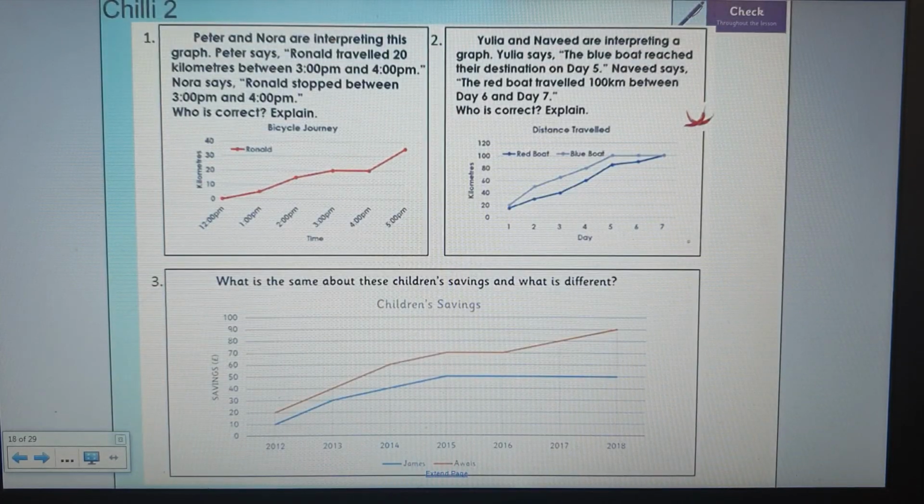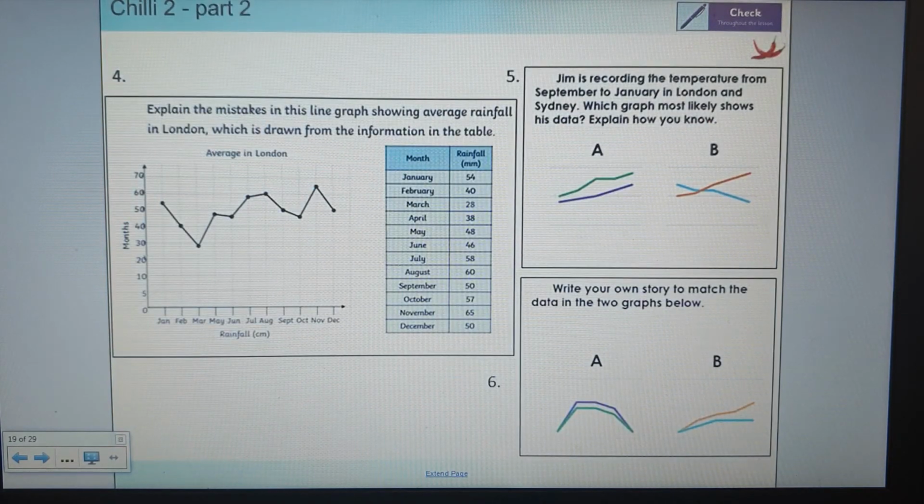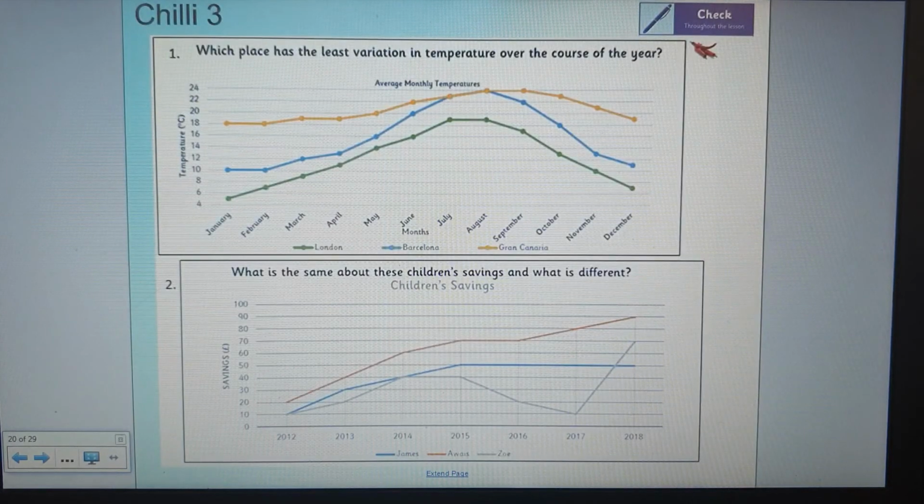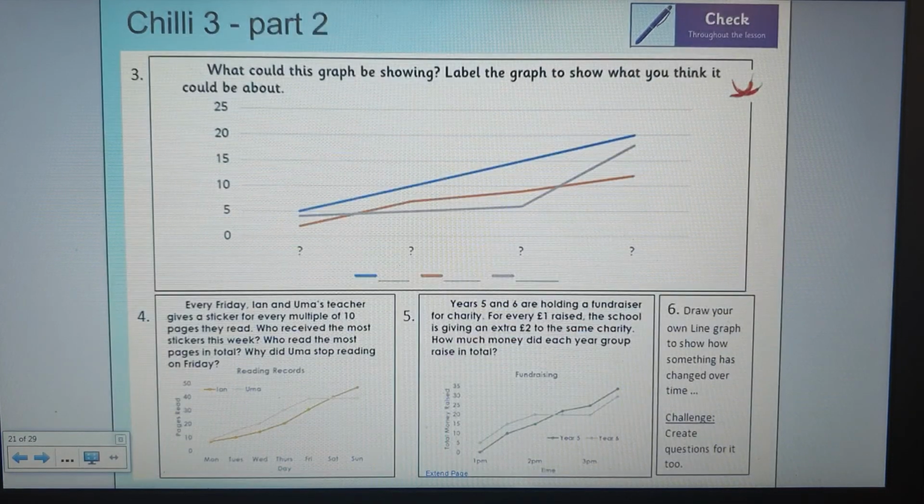We have chili 2. Chili 2 part 2. Chili 3. And chili 3 part 2.